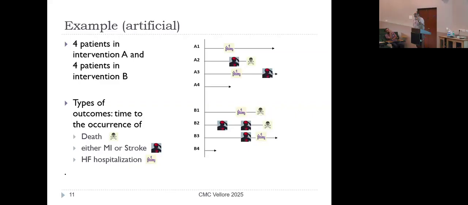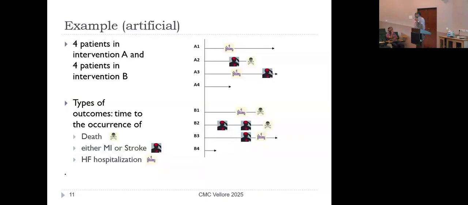So depending on what I choose as the primary outcome, I get a different result. If I choose the composite, then all 3 of these are events. Here we had 3 people with events, but this one occurred earlier. This is later, so these are somewhat in the middle, but this one occurring earlier may say that this group is worse than that group on the composite.